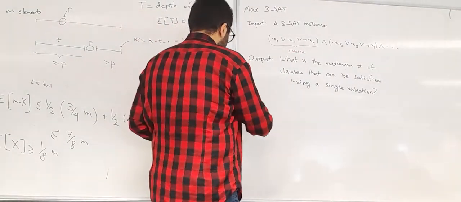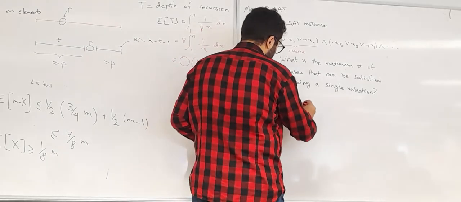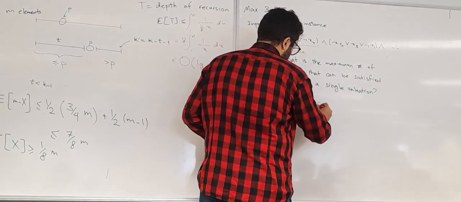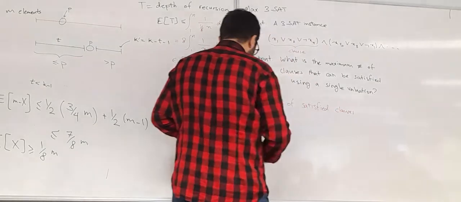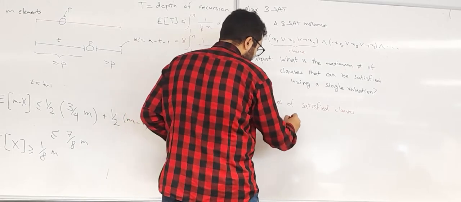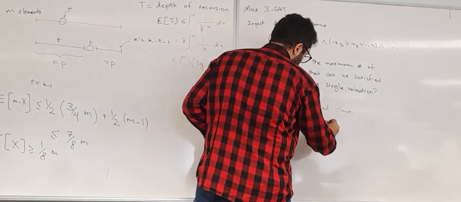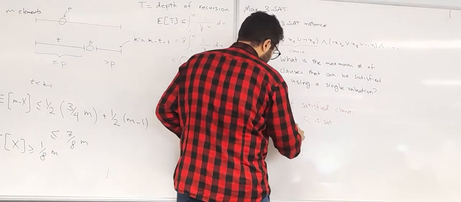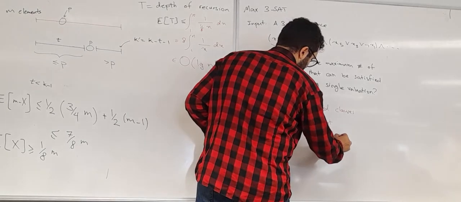Let's say that x is the number of satisfied clauses. I can use indicator variables. I can say xi is 1 if clause i is satisfied, and it's 0 if clause i is not satisfied.